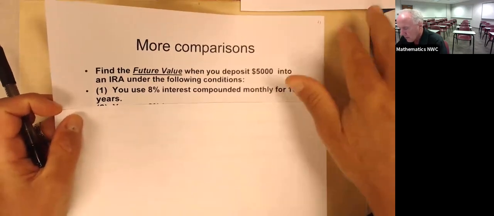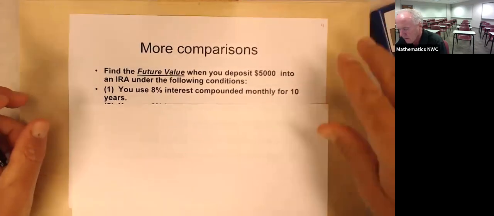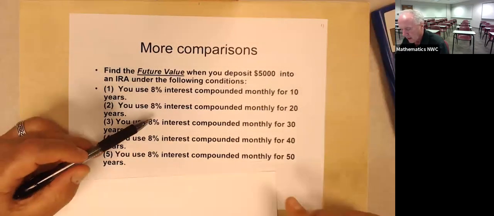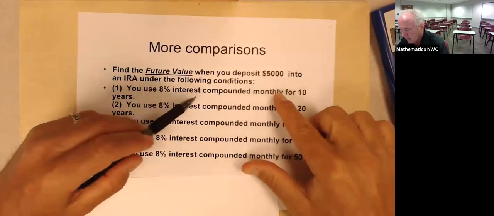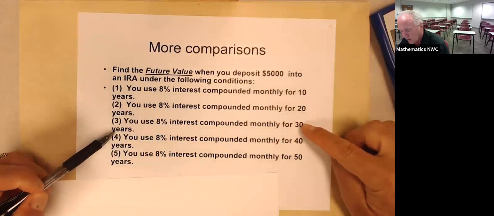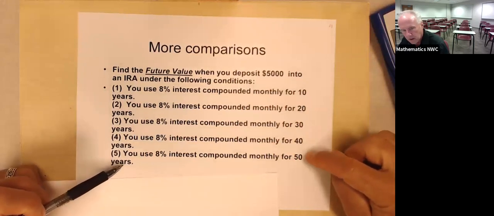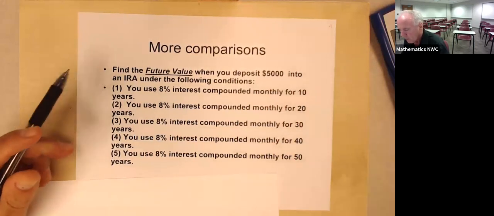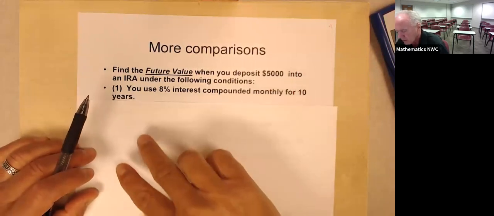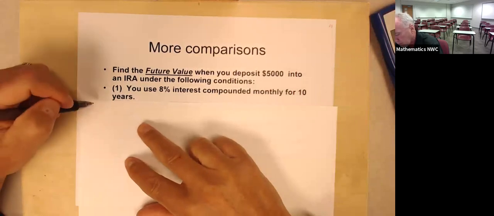Now, I'm going to do a similar type of comparison, but this time we're going to do everything the same interest rate, compounded monthly, but I'm going to go for 10 years, 20 years, 30 years, 50 years, etc. We want to find the difference in the balance every time. So let's start off here with number 1.